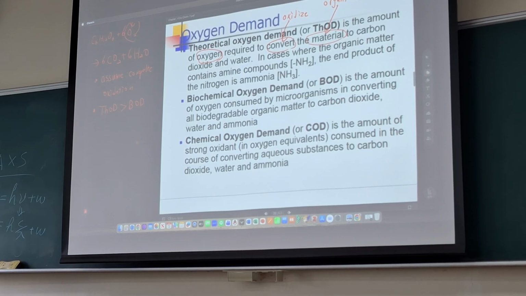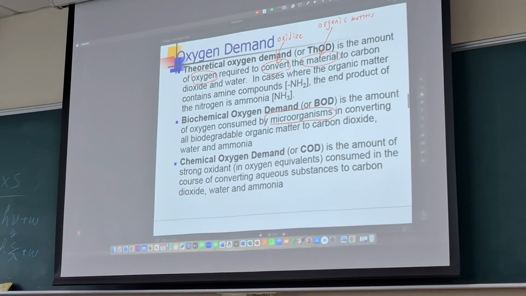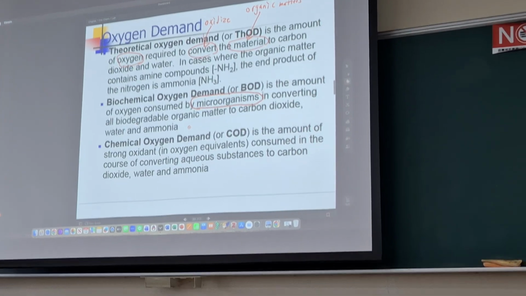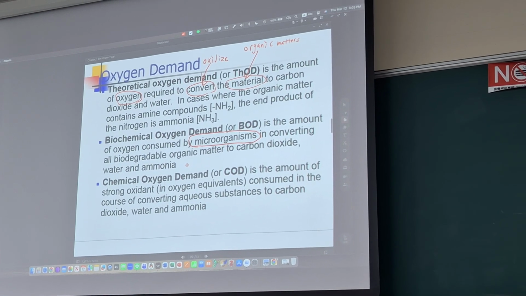So the second one is called, everyone okay? May I move on? The second one is called biochemical oxygen demand, BOD. So BOD is the amount of oxygen consumed by, this is very important, microorganisms.